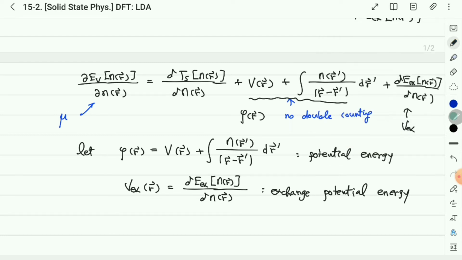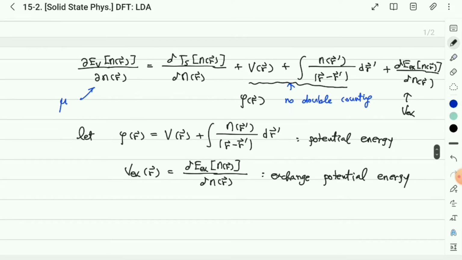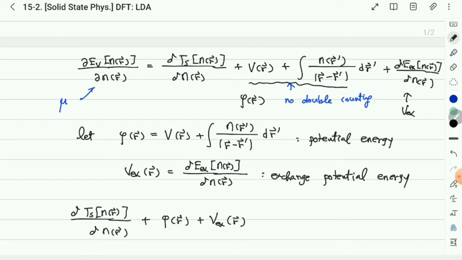Therefore, the first term is delta T_s[n] over delta n(r), plus phi(r), and plus the exchange potential, and this potential comes to this term, therefore minus chemical potential equals 0.